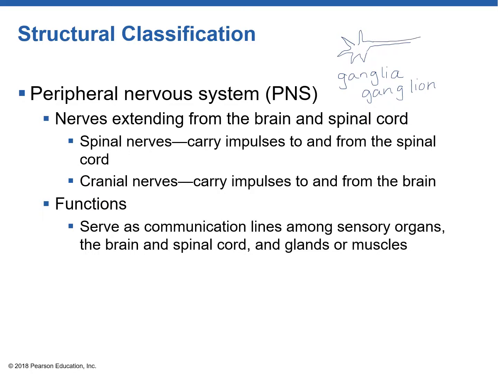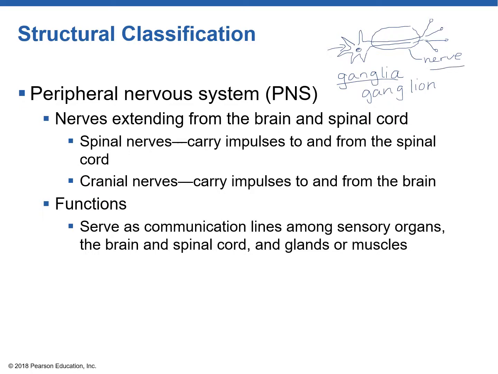You have your long axon that sends out your action potentials, comes into synaptic contact with other tissues. If you have a cluster of these, that's going to be a ganglion. Whereas if you have many of the axons bundled together, that's going to be a nerve. So it's not just a single axon, it's going to be many axons that make up a nerve.